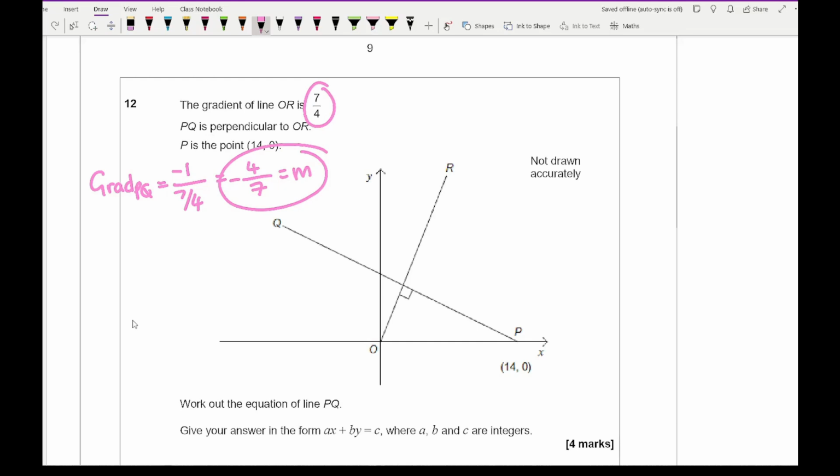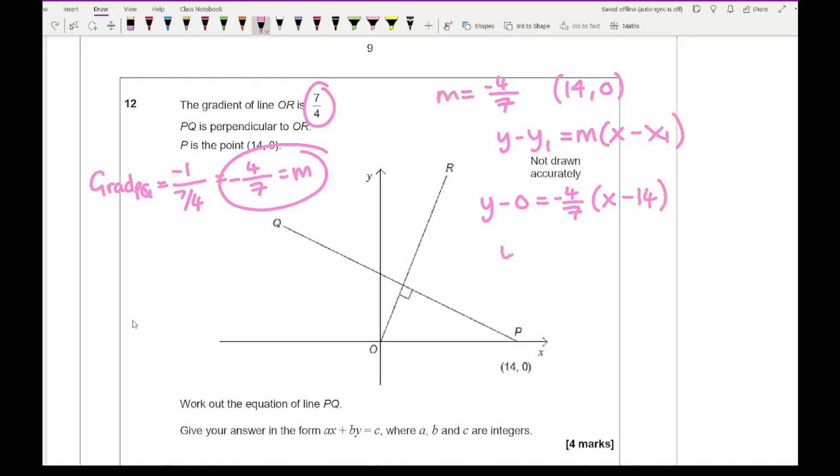Now we know that the coordinate is 14, 0. So using m equals minus 4 over 7 and the coordinate of 14, 0, I'm going to substitute that into y minus y1 equals m times x minus x1. Substituting those in, I get y minus 0 equals minus 4 over 7 times x minus 14.